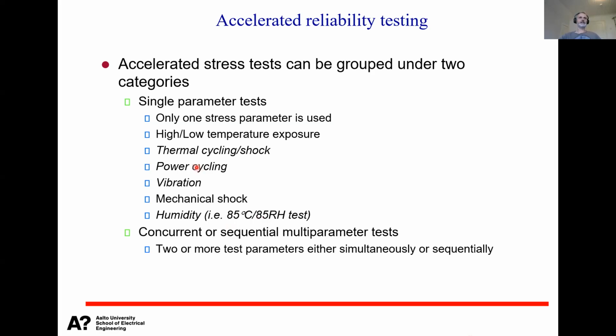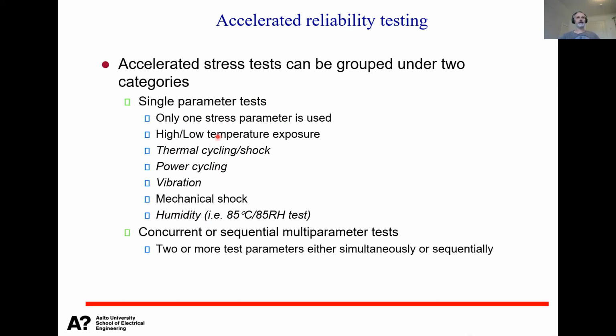The same is true with power cycling. Basically you can define what power you use, and also the power on time and power off time. So in fact here you already have 3 parameters which you can change, but still these are all considered single parameter tests.